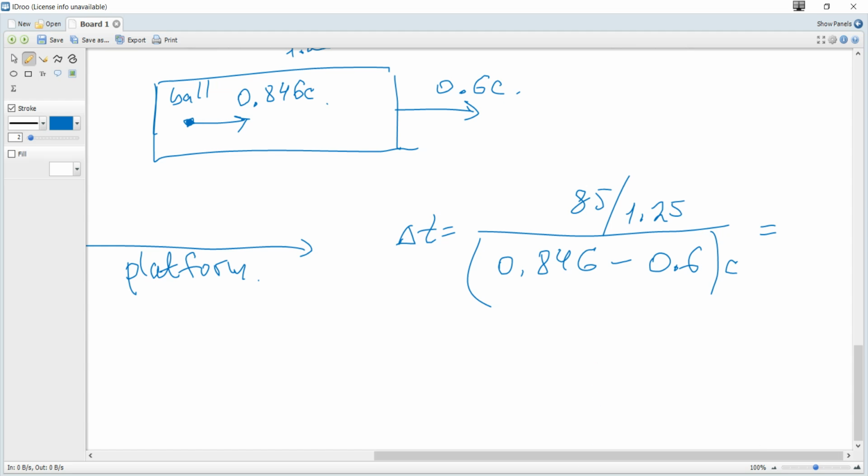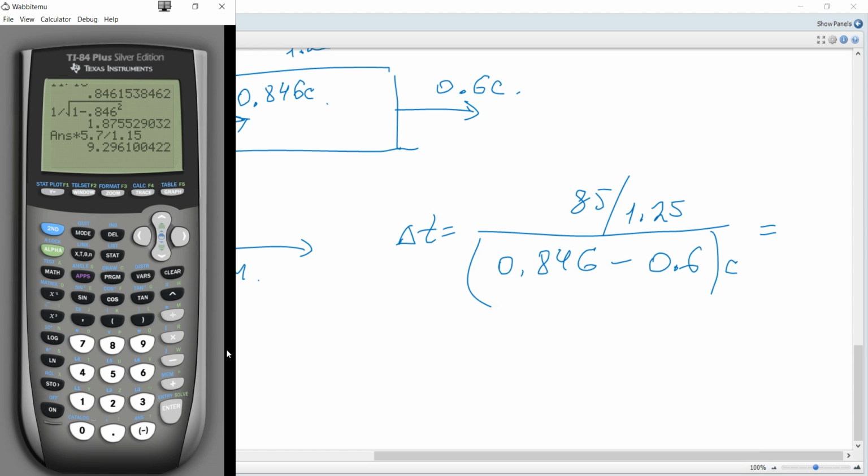So it becomes 85 divided by 1.25 and 0.246, and the speed of light 3 times 10 to the power of 8.